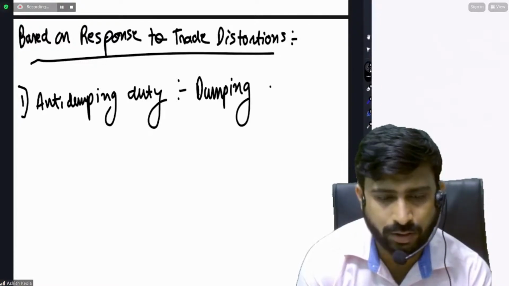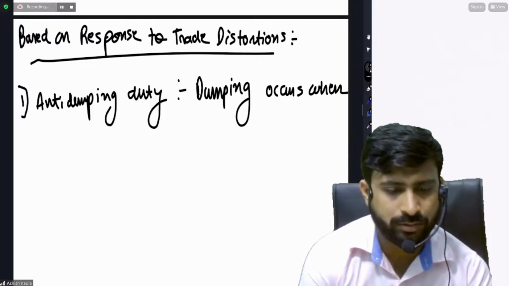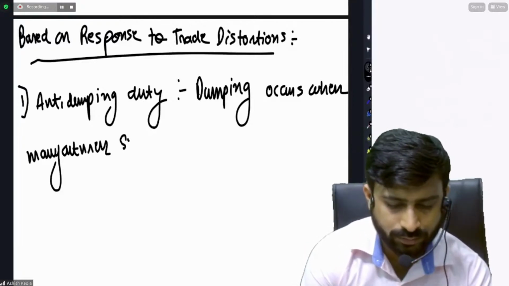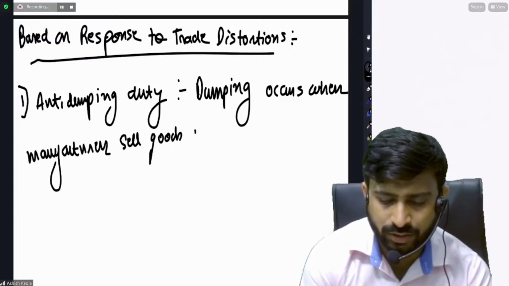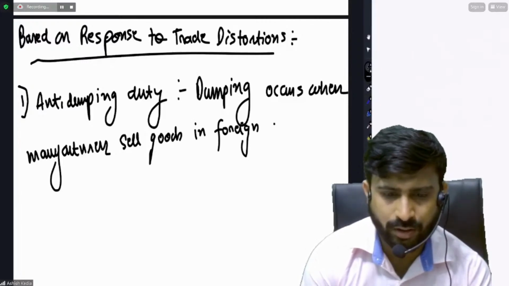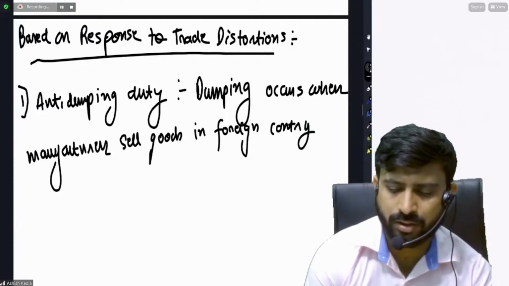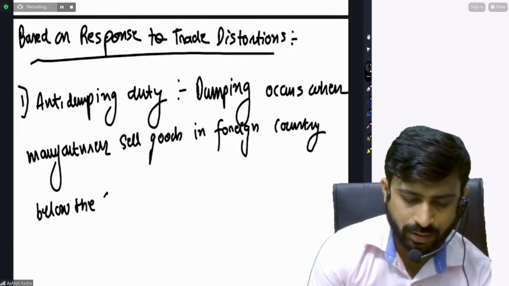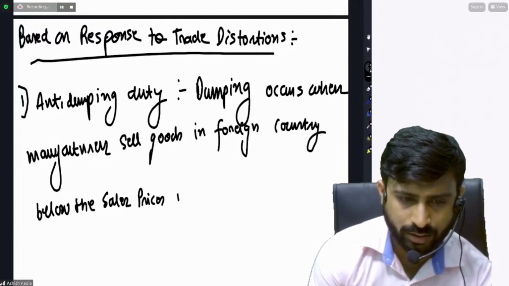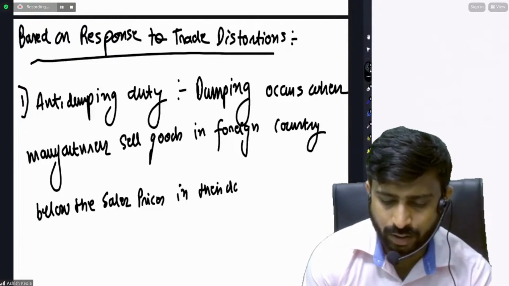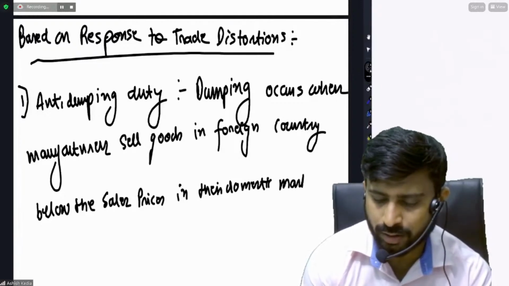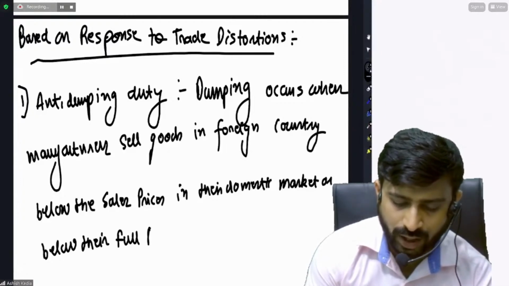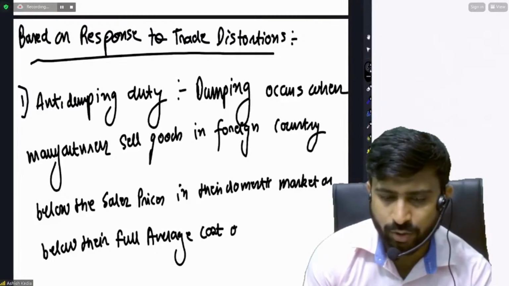Dumping occurs when manufacturers sell goods in a foreign country below the sales prices in their domestic market, or below their full average cost of the product.